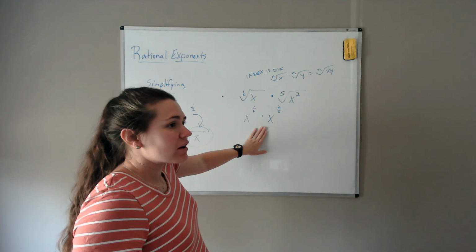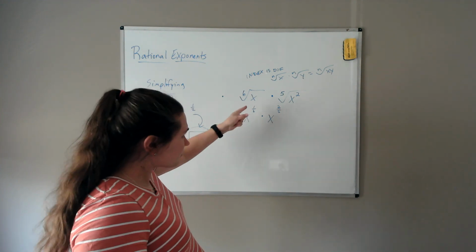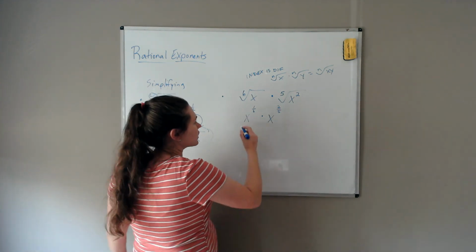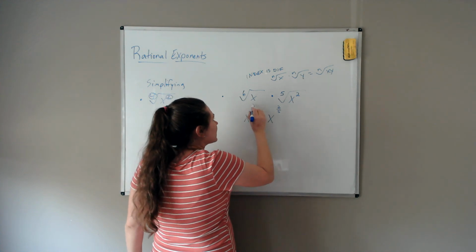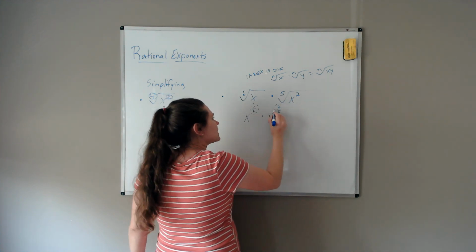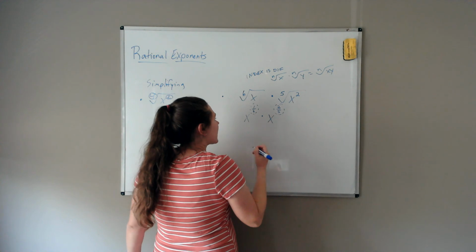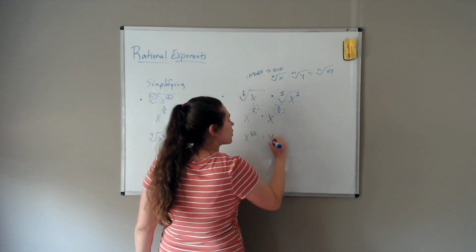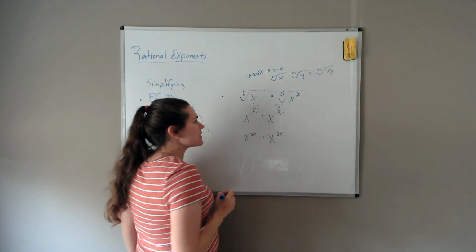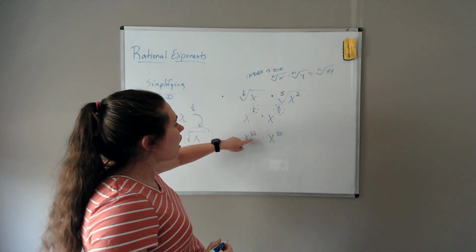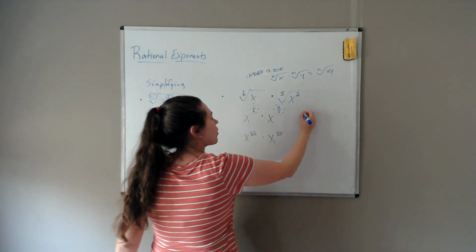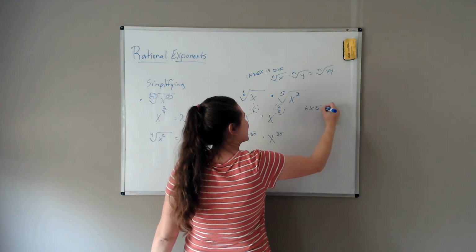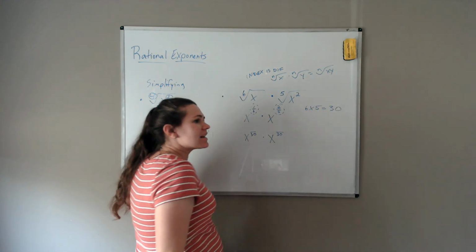Even if it wasn't properties of exponents, I can take these fractions and write them as equivalent fractions, so I don't change the value, I just make them look different, with a common index. If I multiply the indices together, I get 30.